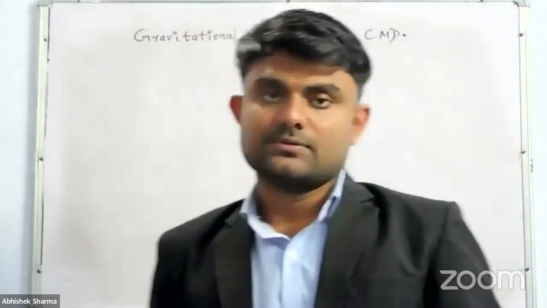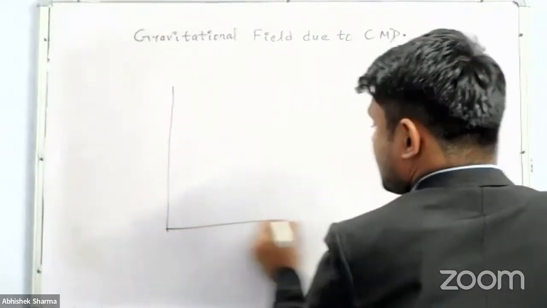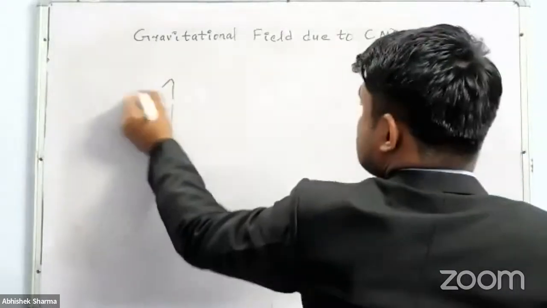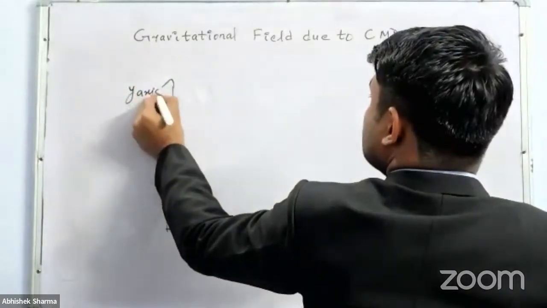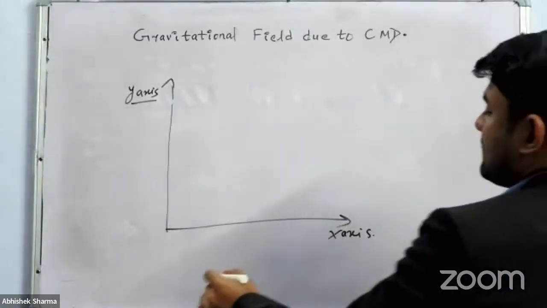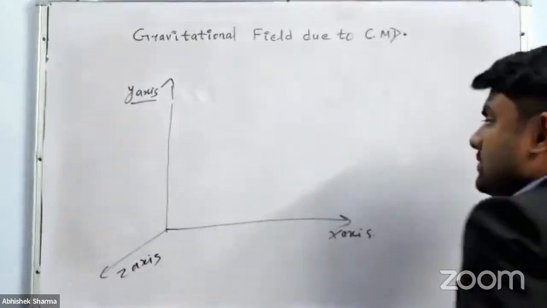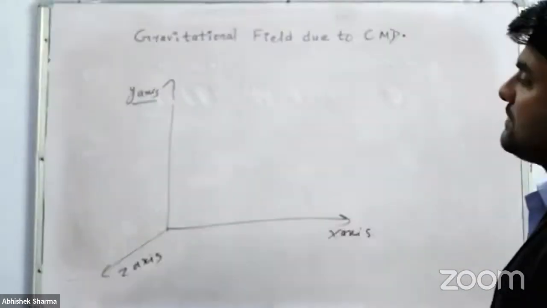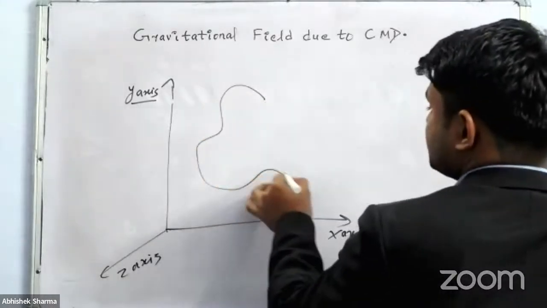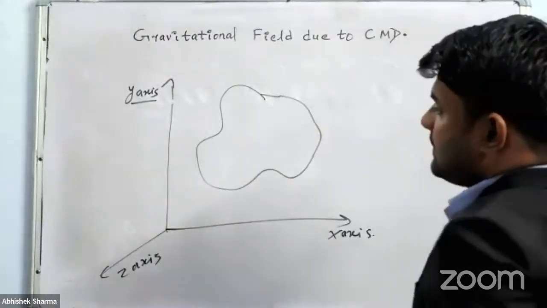Okay, so let's start. Suppose this is your x-axis and this is your y-axis. This is a 2D plane, isn't it? Let us take a 3D one, so this is your z-axis. Suppose in a space we have some 3D structure, something like this.